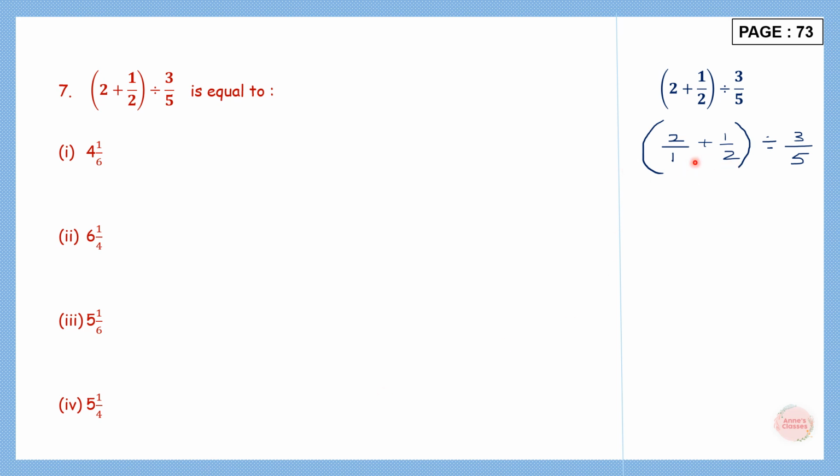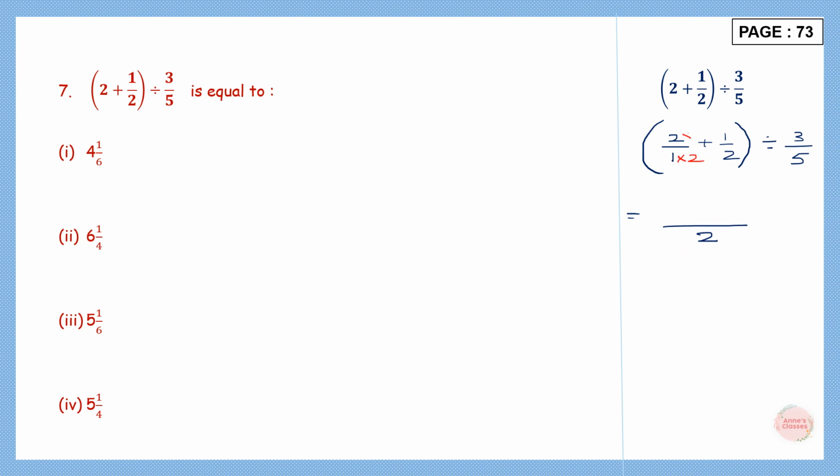Since it is addition of fractions, we have to find the LCM of the denominators. Since the denominators are 1 and 2, the LCM will be 2. Look at the first denominator here. It is 2 by 1. The denominator is 1, so 1 into 2 is 2.